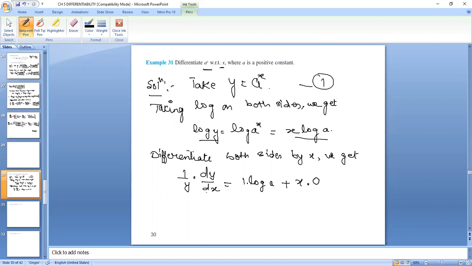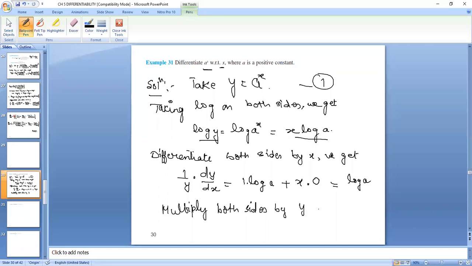Now simplify. We need dy by dx only. So y you can take to the right. So I'm writing it as log a. 1 into log a, x into 0, 0. So it will be log a. Now multiply both sides by y, or you can take y to the right hand side.